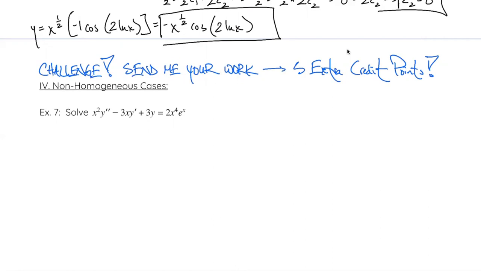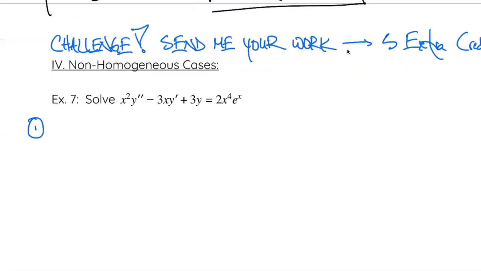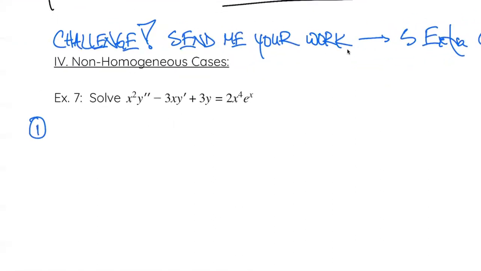And this is just sort of one suggestion on methods that you might use. But one thing that we've learned with the homogeneous versus non-homogeneous is that we usually solve the left-hand side first, and we pretend almost like it's homogeneous. And then we go back and we solve the other side, okay?